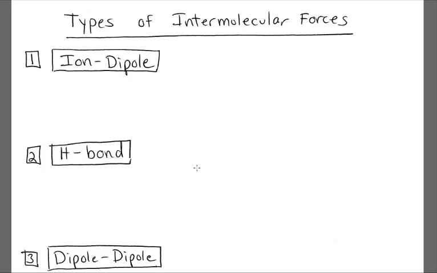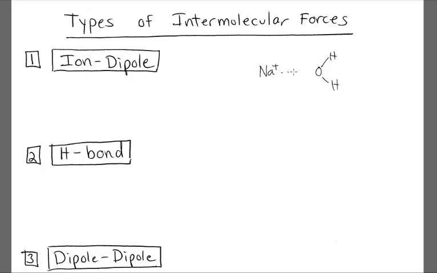to weakest force. Okay, so the first is called ion dipole, and it's, for example, occurs when you have salts dissolved in water. Okay, but anytime you have an ion, like the cation of sodium chloride, for instance, and you have something with a dipole. Okay, water has a dipole.